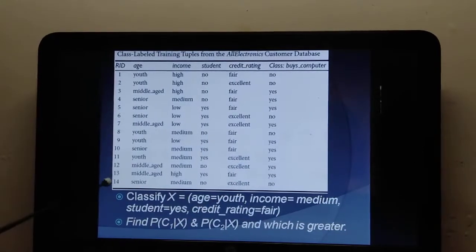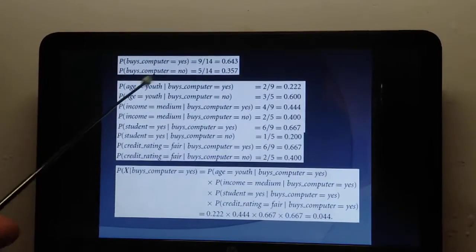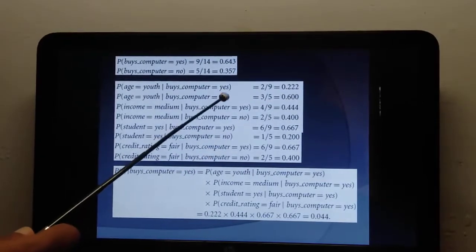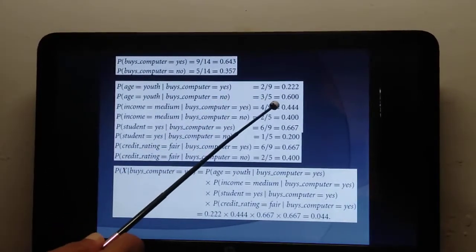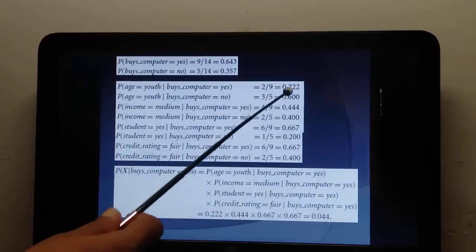All these are not youth. So, out of 9, only 2 are youth. So, the probability of youth given yes is 2 out of 9. Similarly, find for no, that is 3 out of 5. Out of the 5 no's, 3 are youth. So, we have got the probability.